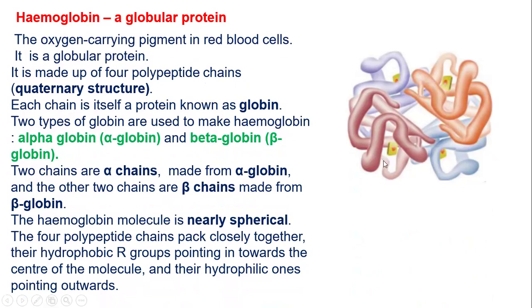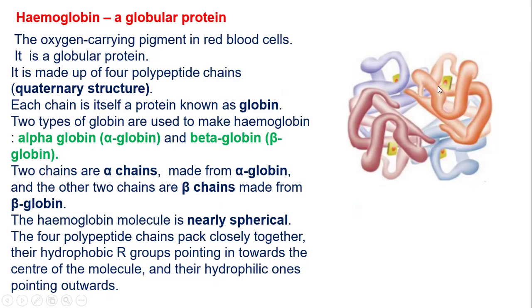Now, I'm sure you know that hemoglobin is found in red blood cells, and its role is to carry oxygen. This hemoglobin molecule is made up of 4 polypeptide chains, so it shows a quaternary structure. We saw that in our previous lesson. It shows a quaternary structure because it is made up of 1, 2, 3, and 4 polypeptide chains.